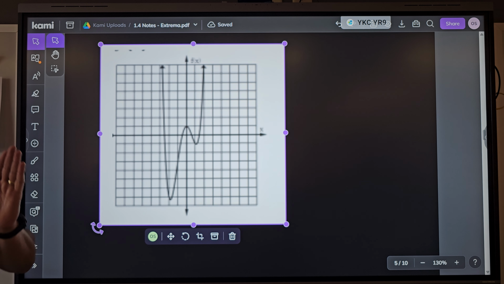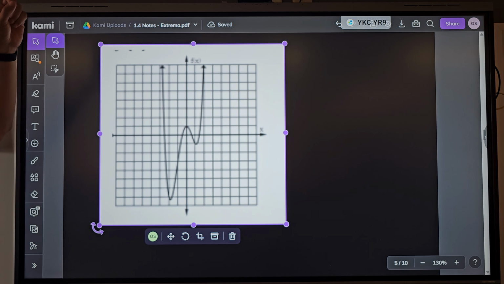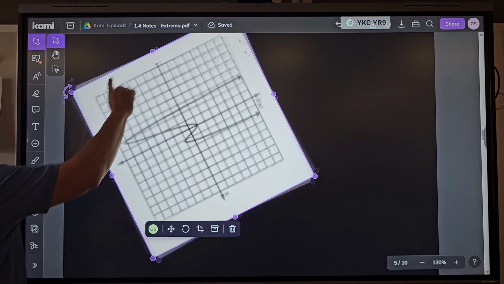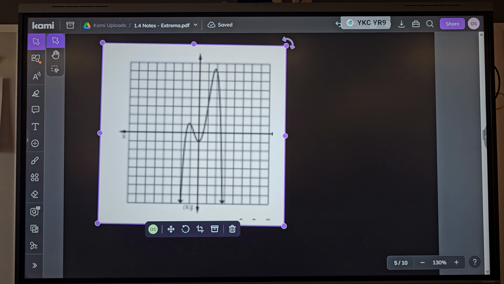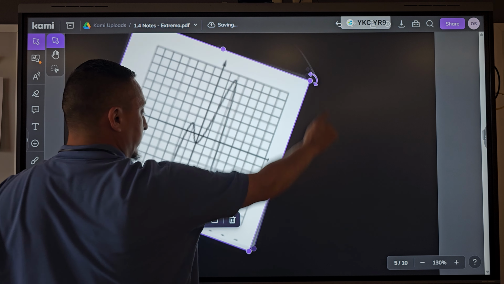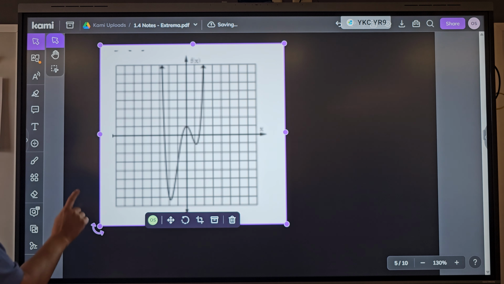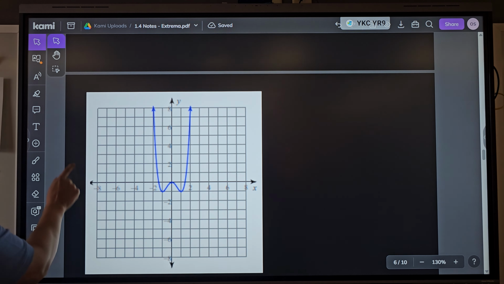Look at the arms. The arms are pointing up. Let's flip it upside down. No, because now the arms are pointing down. So you can have none. There's line, point, or none. This is a none. Neither. Okay, what about this one?